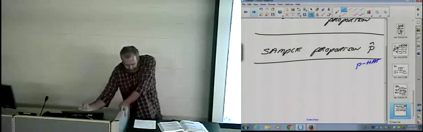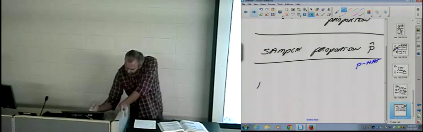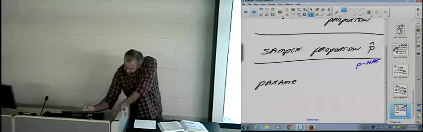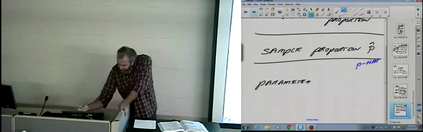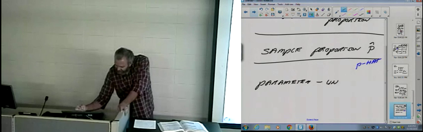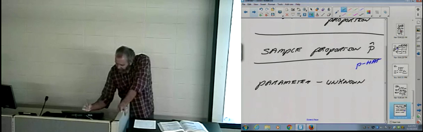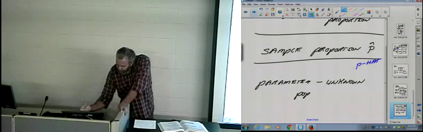Now, the parameter that we're interested in this chapter is what we're going to think about as the unknown. Remember, parameters are usually unknown for us. Unknown population proportion.